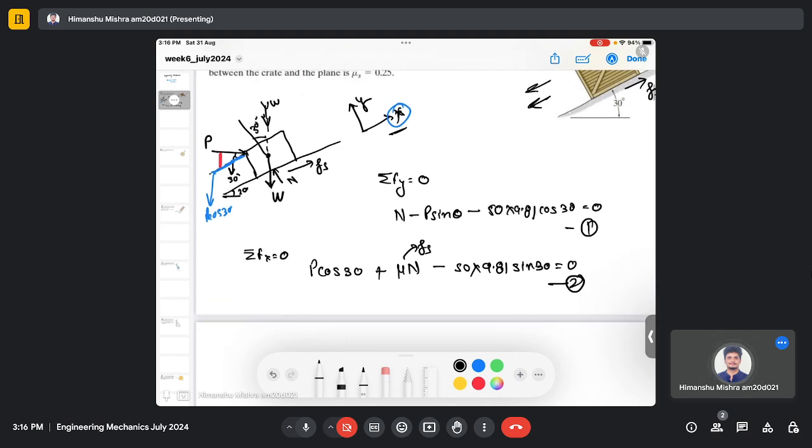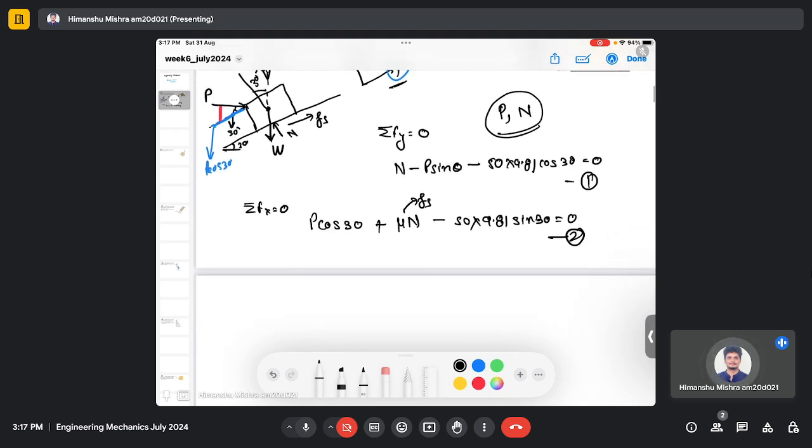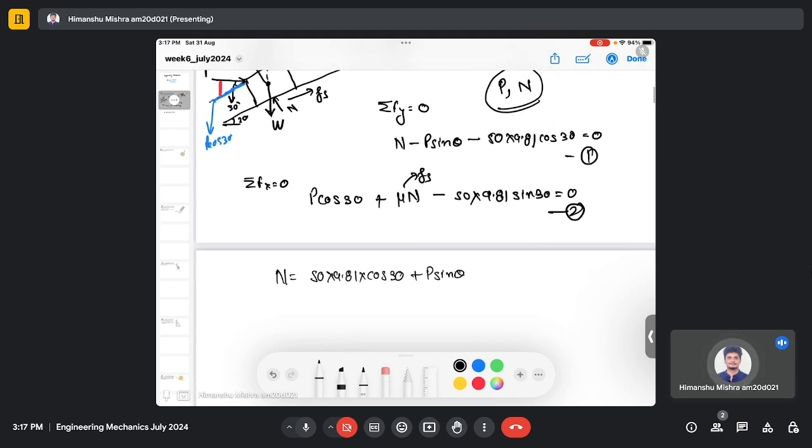Right, so now you can see that you have two unknowns, P and N, which are unknown forces, and you have two equations. So you don't need to write down the moment equilibrium equation. You can find these two unknowns from these two equations. From the first equation I can write N equals 50 times 9.81 times cos 30 plus P sine theta, and then I can substitute this in equation number 2.